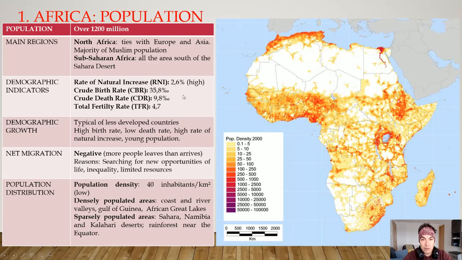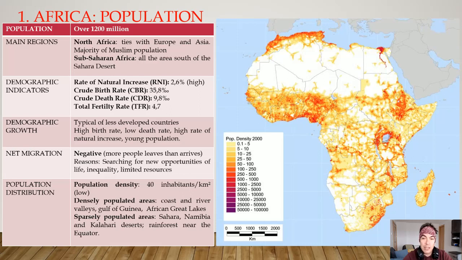No, we don't need to know the specific numbers, but we have to know that the rate of natural increase in Africa is very high, according to the measures we have studied in previous units, that the crude birth rate is very, very high, is 35.8 per mil, which is a very high birth rate, that the crude death rate is around 10, which is a normal, an average rate, and that the total fertility rate, which doesn't appear in the book, I have searched it, is 4.7.